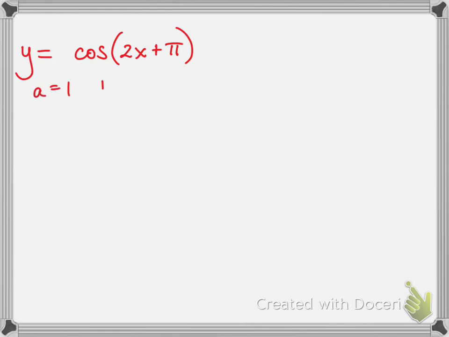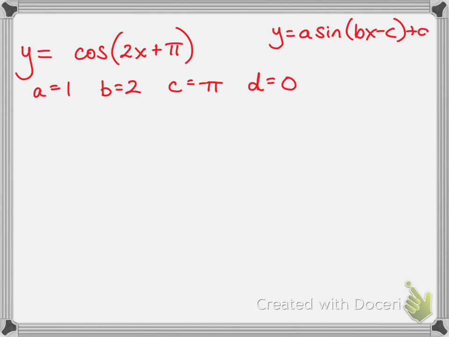A is 1. B is 2, so the period's going to get affected. C is negative pi, and D is 0, because it is y equals a sine bx minus c plus d. So C is negative pi. Make sure that stands out.